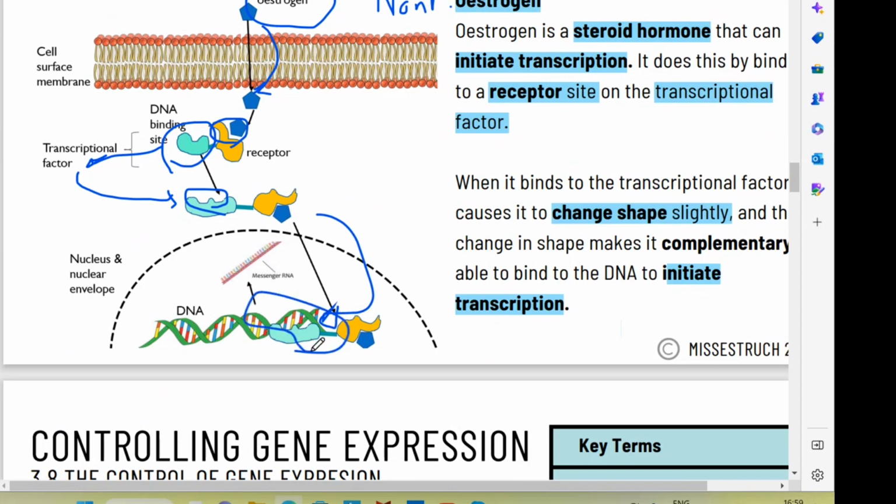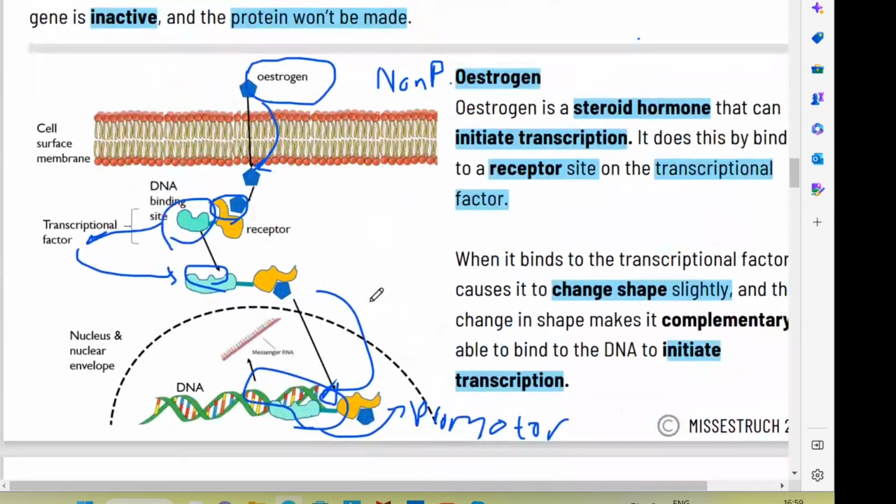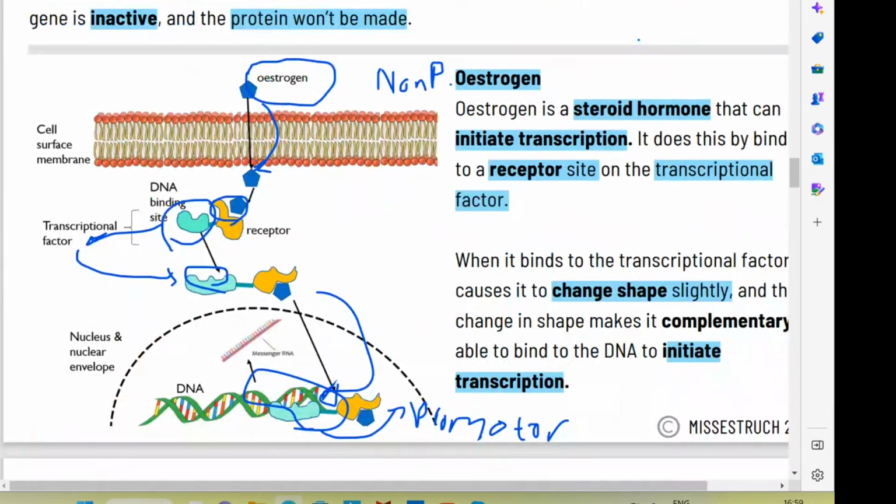So this is the promoter region. They did not mention it here. So promoter region, which is basically what promotes the transcription.